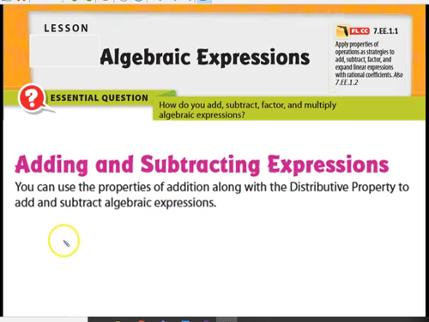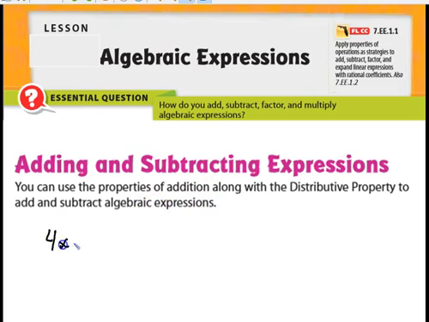So if I've got 4x plus 5 plus 2x minus 3, what I'm gonna do is combine the like terms.